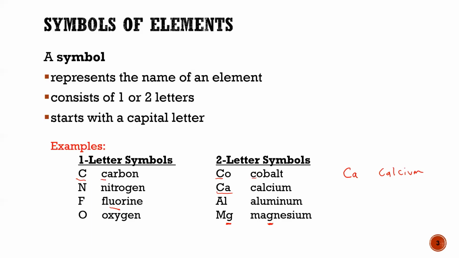So in some 2-letter symbols, you'll notice that the second letter in the symbol is not the second letter in the name. An example of that I had earlier is cesium, which is in that first group, the column going down, in the 6th row, the 6th period across: Cs, cesium.